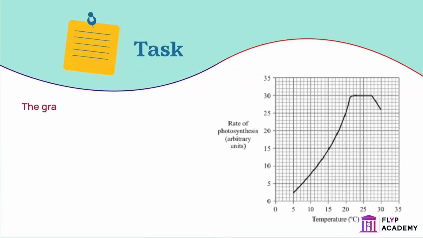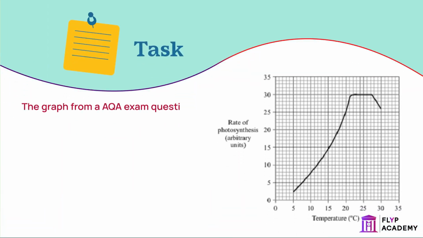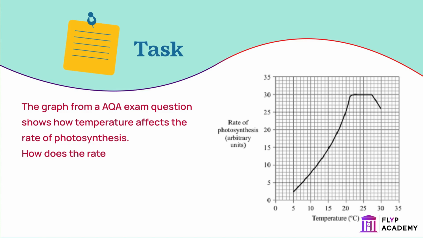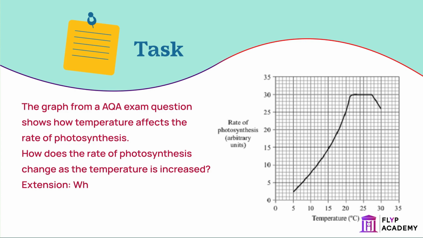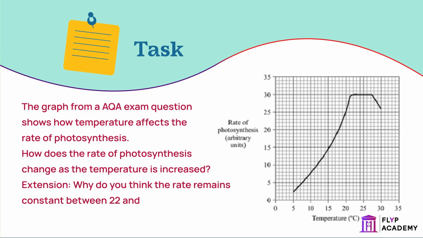Task. The graph from an AQA exam question shows how temperature affects the rate of photosynthesis. How does the rate of photosynthesis change as the temperature is increased? Extension. Why do you think the rate remains constant between 22 and 27 degrees C?